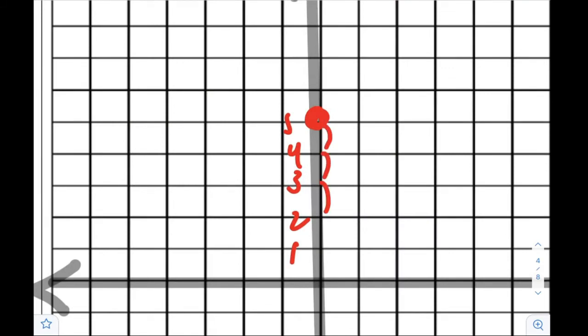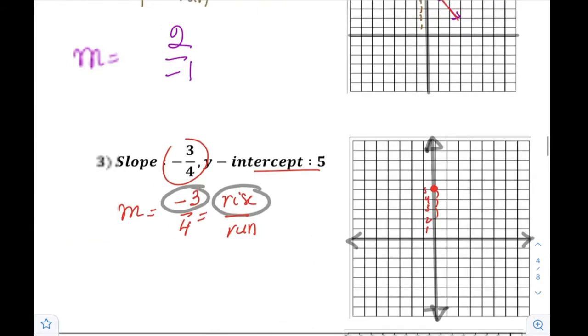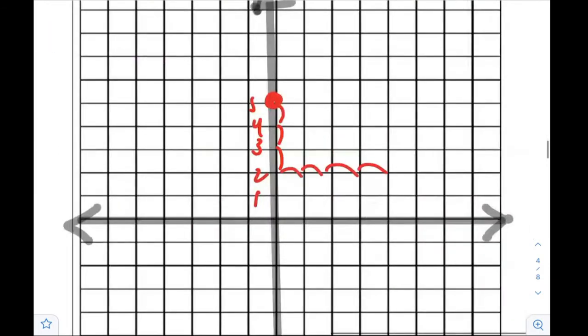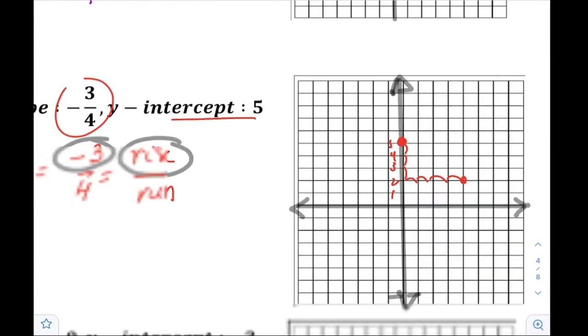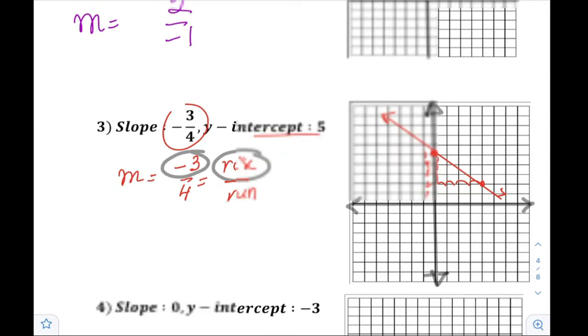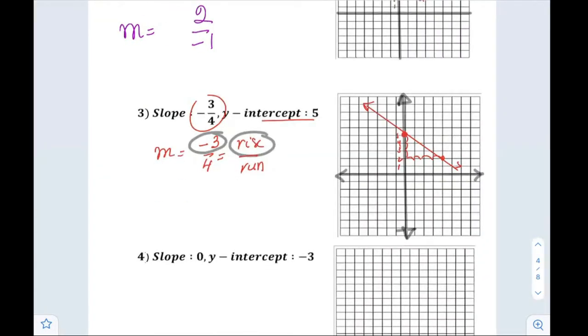I will not stop. I have to continue to run 4 units to the right. 1, 2, 3, 4. And I will reach here. I'll stop. I'll mark the point. And then I will match using a ruler. Of course, matching should be more accurate than this, but no worries. The most important thing is to understand.